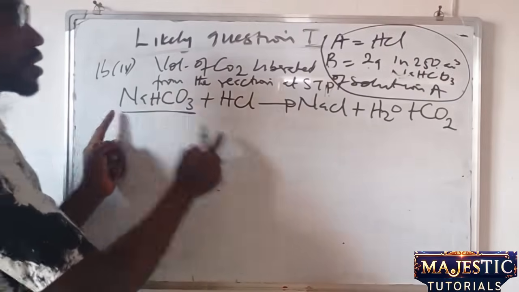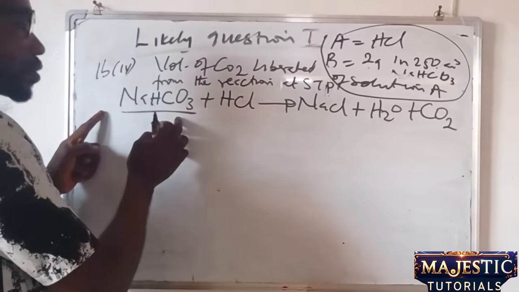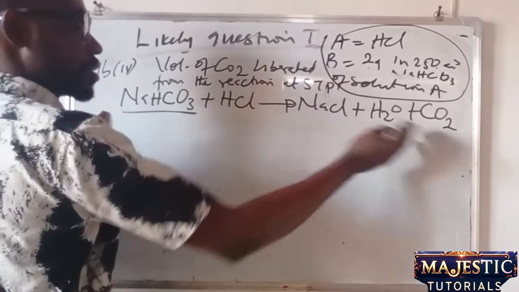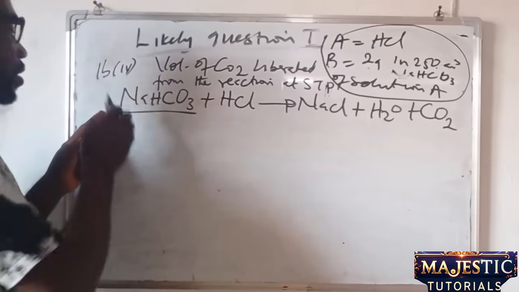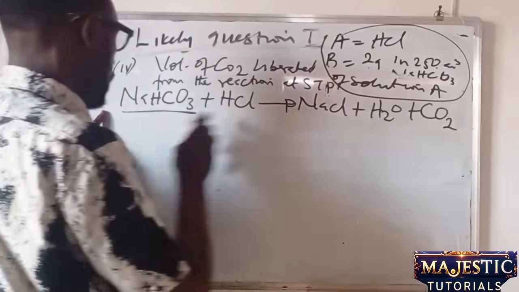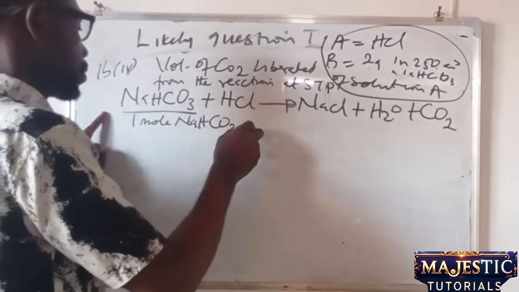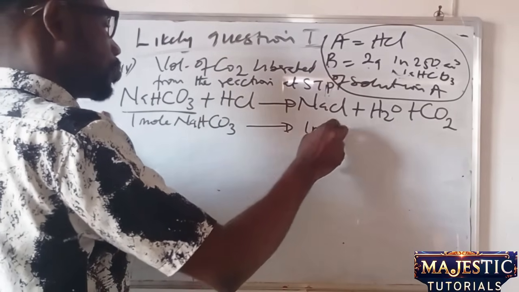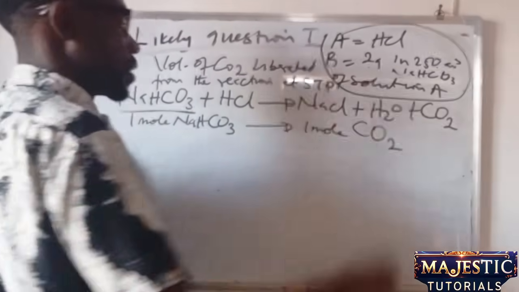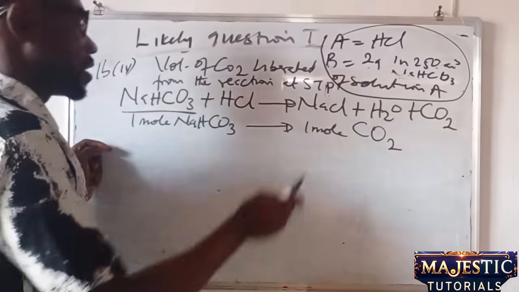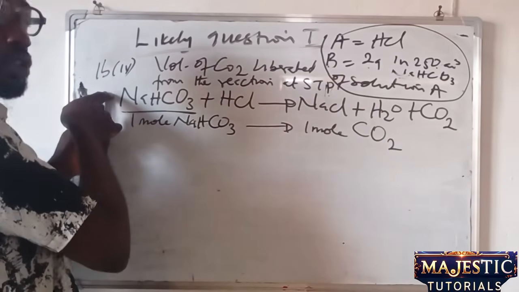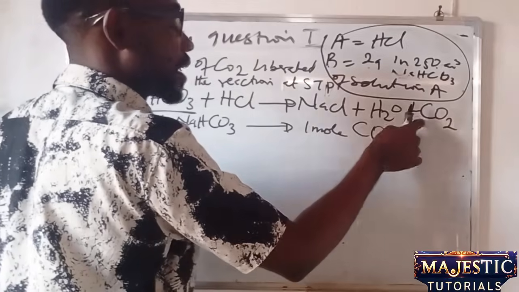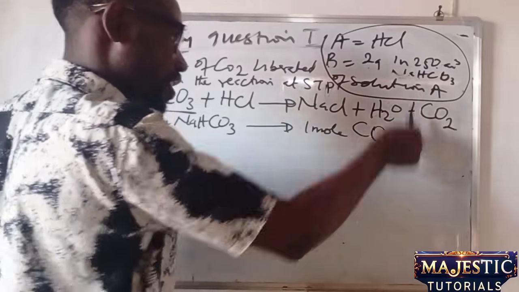You can relate this to this, meaning the hydrogen carbonate liberates CO2, and from the balanced chemical equation the mole ratio of the carbonate to CO2 is 1 to 1. 1 mole NaHCO3 is equal to what? 1 mole CO2 gas, right? So this is mole. Remember, if you balance the equation and 2 is here, I'll write 2 more. And if 3 is here, I'll write 3. If 4 is here, I'll write 4, but there is 1. The coefficient here is 1.